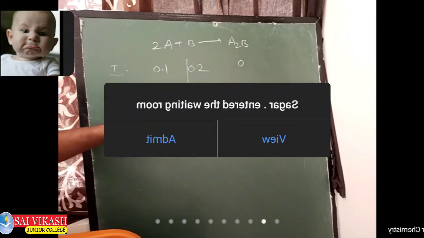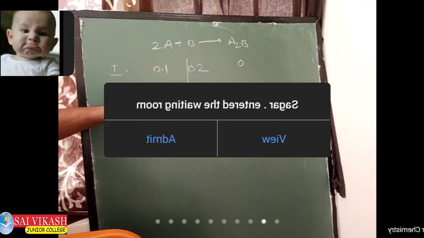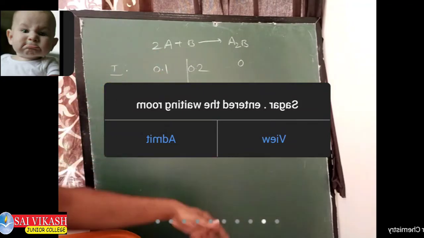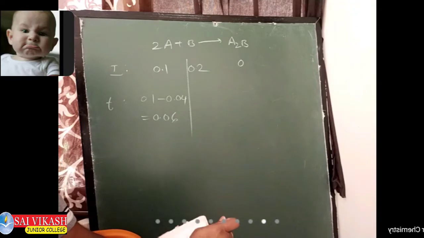So 0.1 to 0.06 is left, means 0.04 gone. 0.04 gone for 2 moles. For 1 mole, only 0.02 gone.